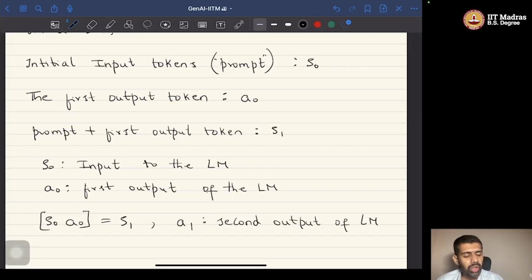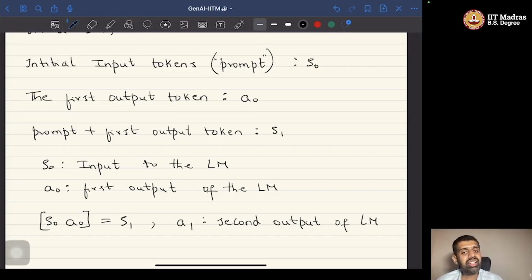So the language model itself is taken to be the underlying policy that we would want to optimize. The trajectory is built that way. The input is taken to be the first state. The first output token that is generated out of some inference process from the language model is taken to be the first action.